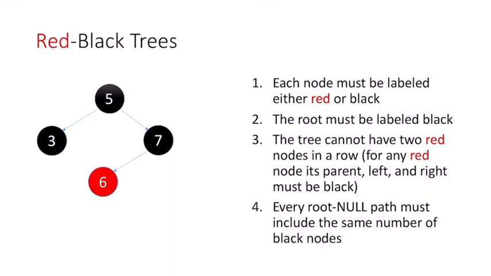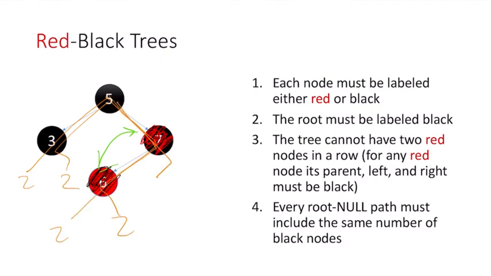So, for example, if we were to swap the colors of these two nodes and make this one red and color this one black and count the number of black nodes on every path, we'd have 2, 2, 2, 2, but just 1 this way.